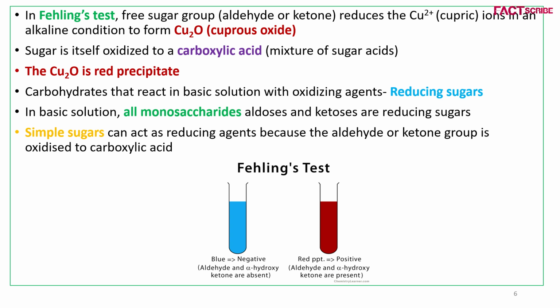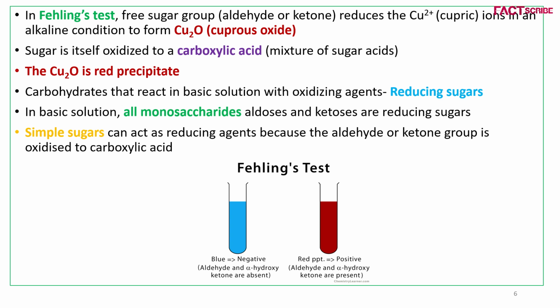In this, the free group, that is aldehyde or ketone, reduces cupric ion in alkaline condition that leads to formation of cuprous oxide, that is Cu2O. That leads to the formation of a red precipitate, which is the indication of presence of monosaccharide. In alkaline condition, that is basic solution, carbohydrate reacts with oxidizing agent to form red colored precipitate, which leads to the identification of reducing sugars.